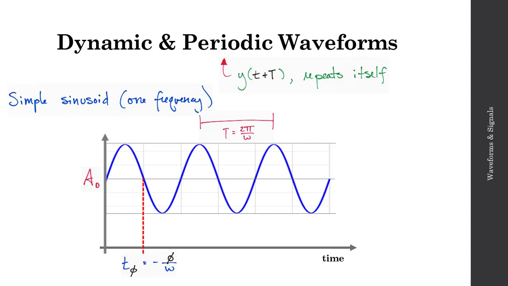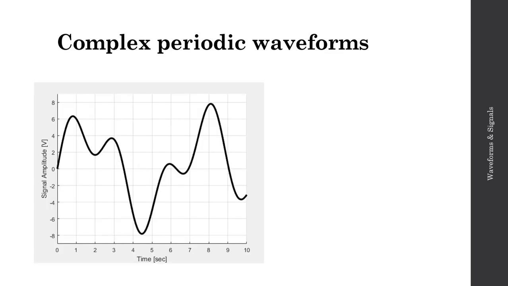And I have an amplitude of my sinusoidal signal, capital C. So this sinusoid goes from A0 minus C up to A0 plus C. So we can write this sinusoidal signal as y of t equals A0 plus C times sine of quantity omega t plus phi. Thus, this is a dynamic and periodic waveform. This signal is both changing with respect to time and repeating itself.